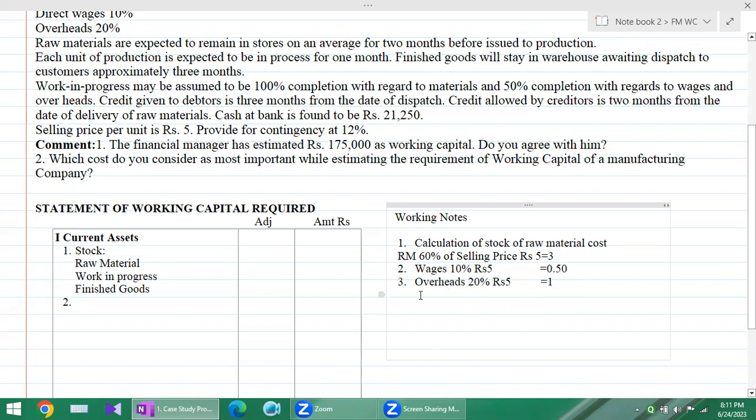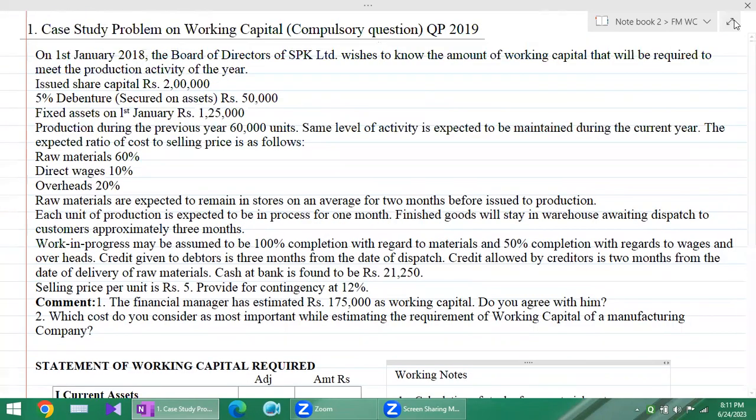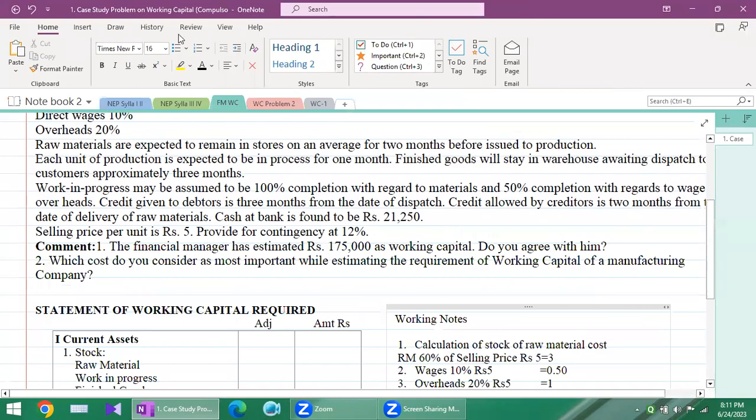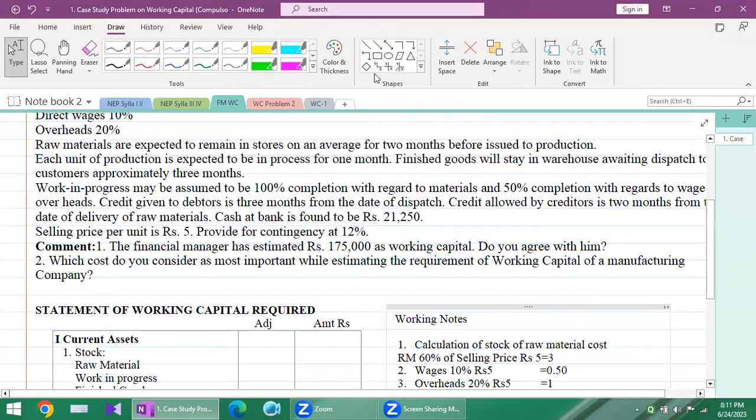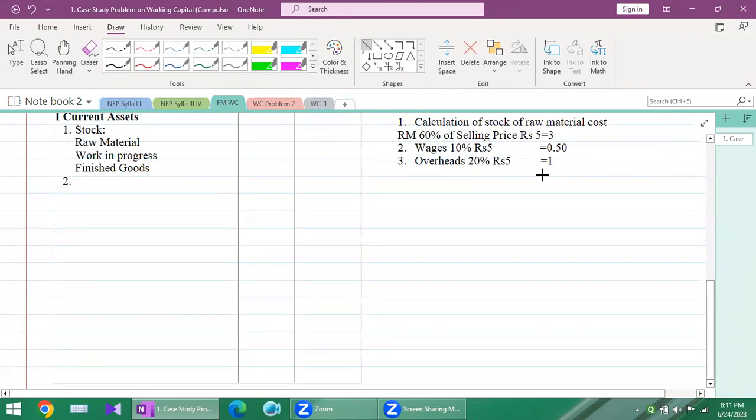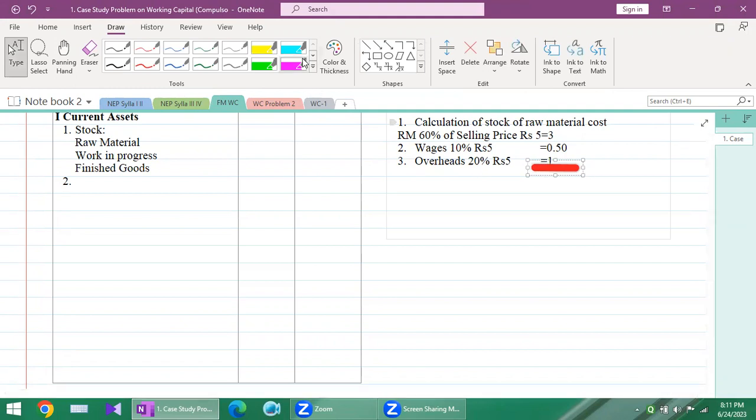So here what we'll have to do is take the total of these costs.